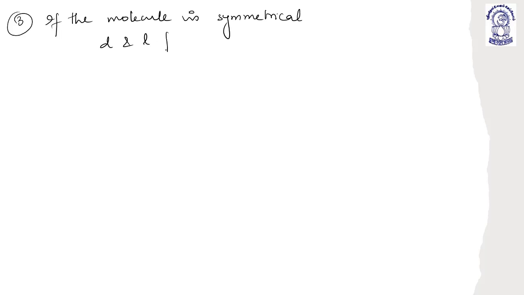If the molecule is symmetrical, the number of D and L forms is 2 to the power n minus 1 minus 2 to the power n by 2 minus 1, by 2.